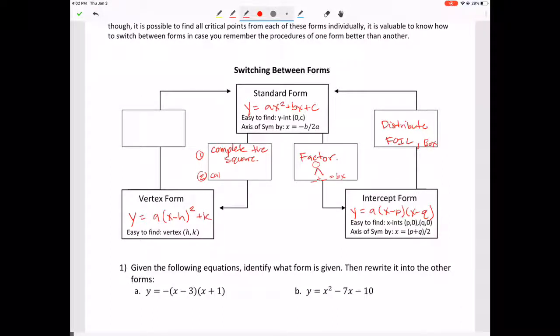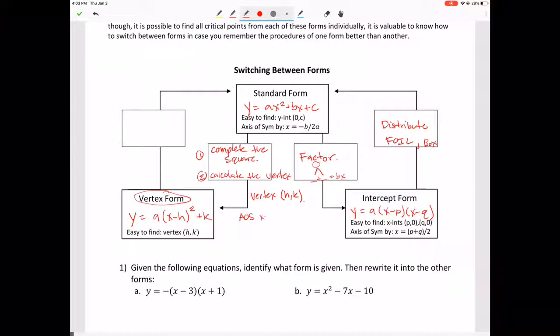the vertex. Obviously the vertex form uses the vertex, and so if you can find the vertex, then you don't need to complete the square. How we can do this: the vertex is the same thing as (h, k), and to find h and k, h is the axis of symmetry.